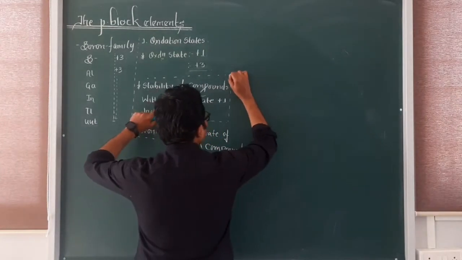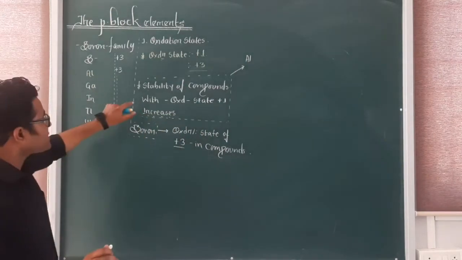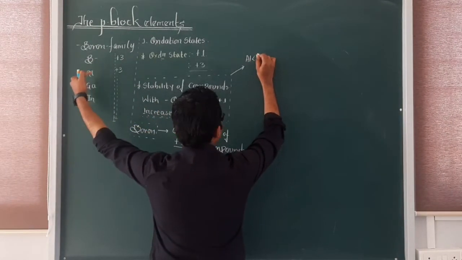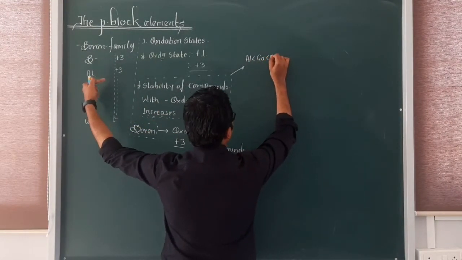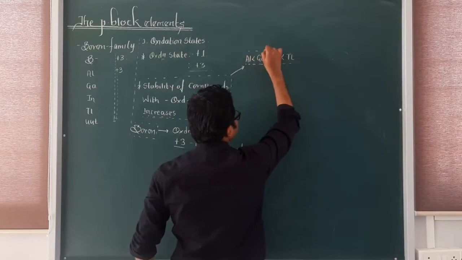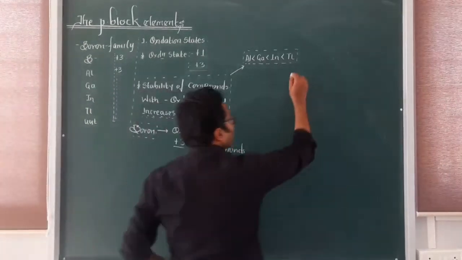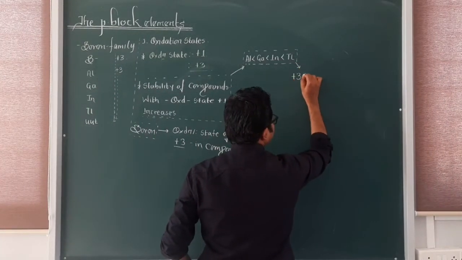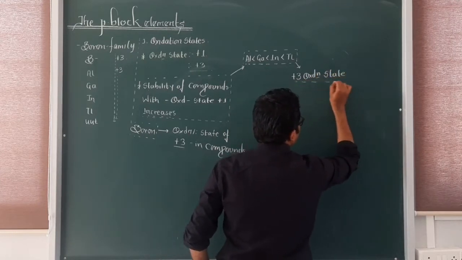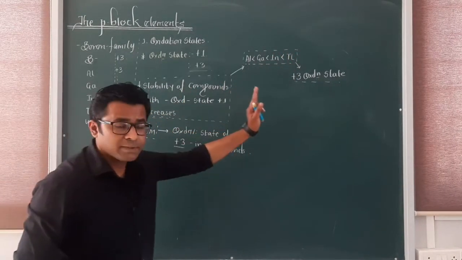Aluminium has the least tendency to exhibit the +1 oxidation state. The next ones, after aluminium, are gallium, indium, thallium. Whatever compounds they form, they are going to exhibit more of a +3 oxidation state.